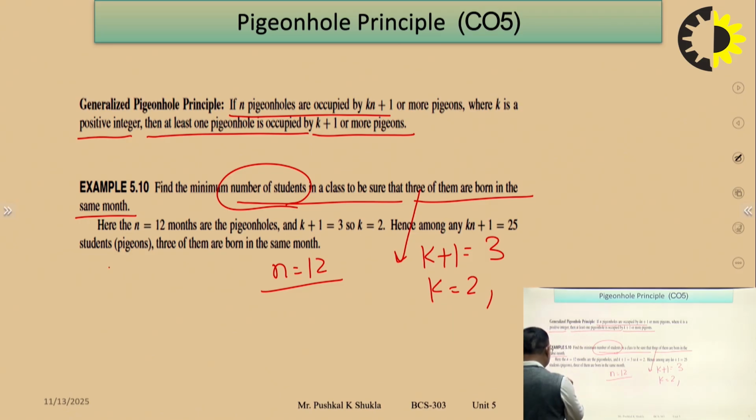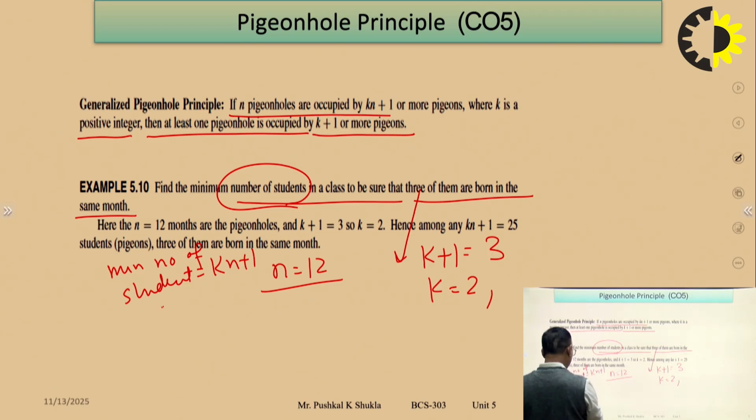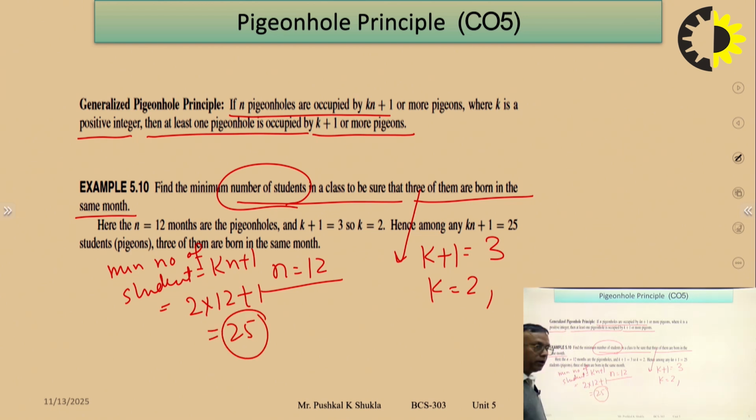The minimum number of students equals kn plus 1, that is 2 times 12 plus 1, which is 25. So out of 25, 3 of them are born in the same month.